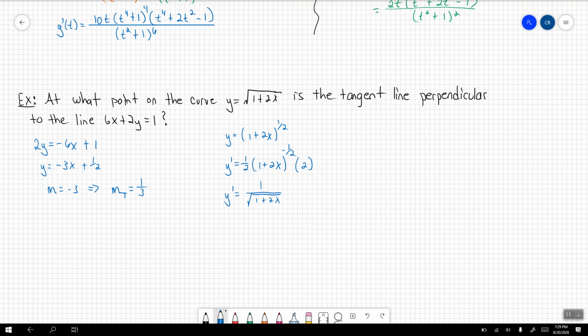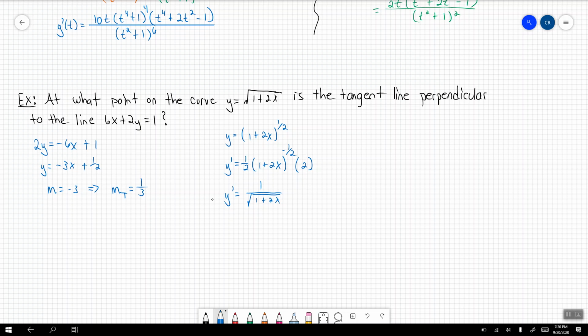So now when I want to find the slope of my tangent line, or at what point, all I need to do is set both of these equal to one another. The slope of my tangent line, I know the numerical value. However, I don't know at what x value it occurs. However, I do have a general form for the slope of the tangent line to the function y is equal to the square root of 1 plus 2x at any given point.